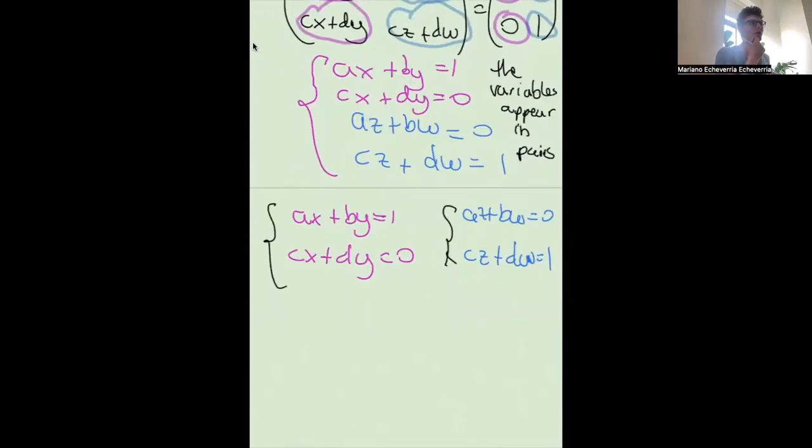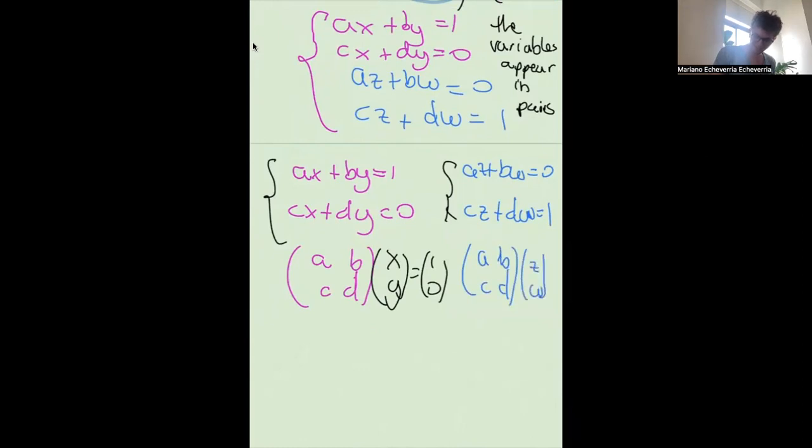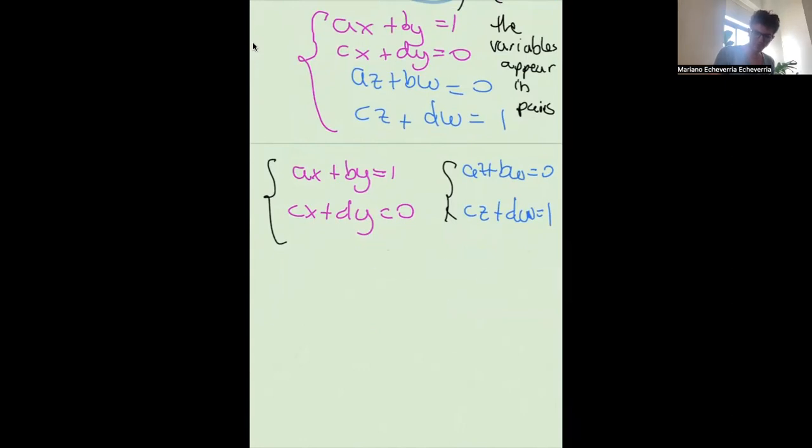And then something even more fun occurs, because if you rewrite this as a matrix equation, what do you get here? You get A, B, C, D times X, Y equals 1, 0. And you get here A, B, C, D times Z, W equals 0, 1. Let me write that. I need a little bit more space.